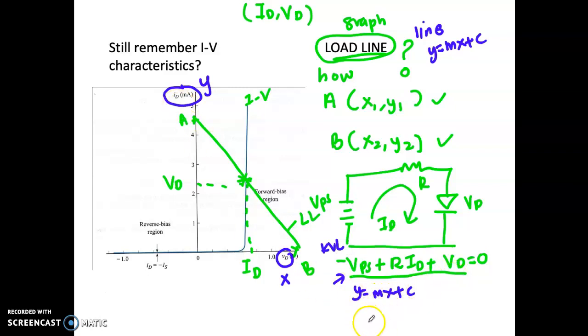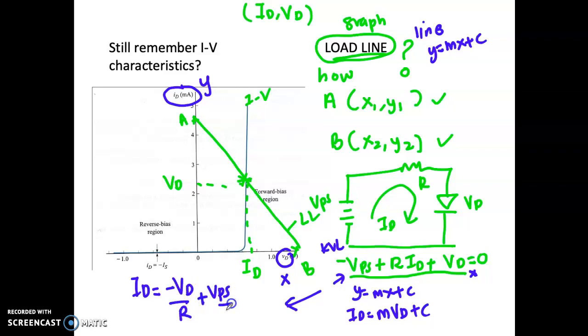What is the Y here? Y here is ID. The slope, you don't know yet, multiplies VD, plus the intercept. So use this KVL equation and rearrange it, so it will become ID equal to minus VD over R plus VPS over R.